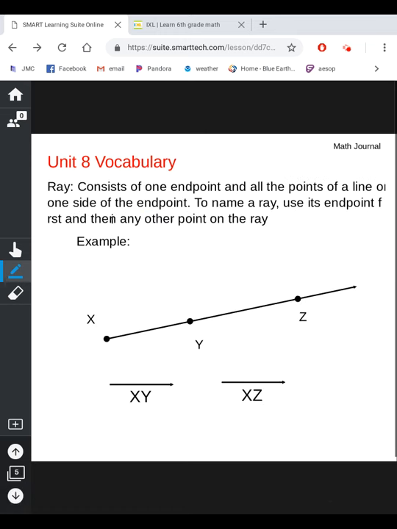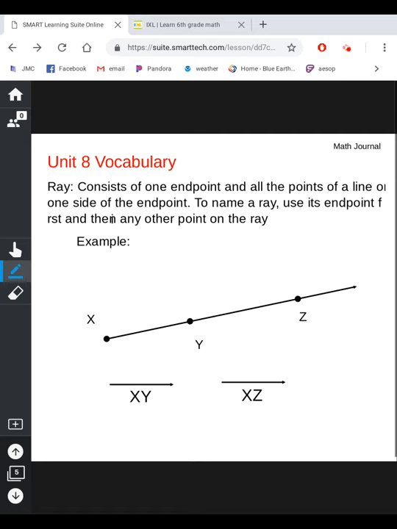Our next one is a ray. So a ray consists of 1 endpoint and all the points of the line on one side of the endpoint. To name a ray, you have to use its endpoint first, and then any other point on the ray.